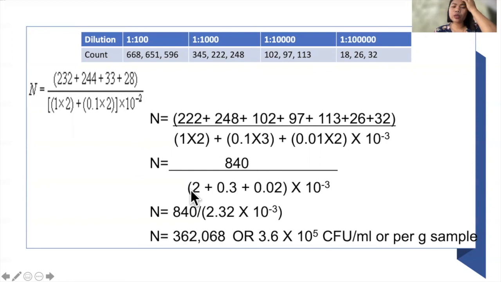And then 2 plus 0.3 plus 0.02, ayan, times 10 raised to the negative 3. Ito siya. So this is the answer, 3,602,068 or 3.6 times 10 raised to the 5th, no? CFU or colony forming unit per gram of sample. So that's how you compute for CFU.